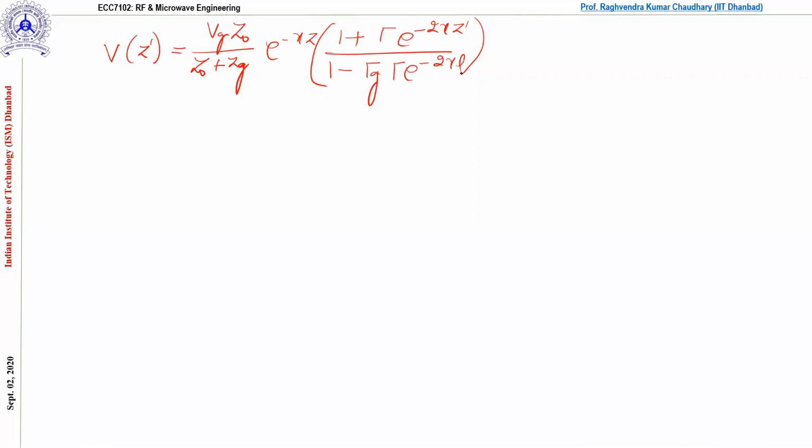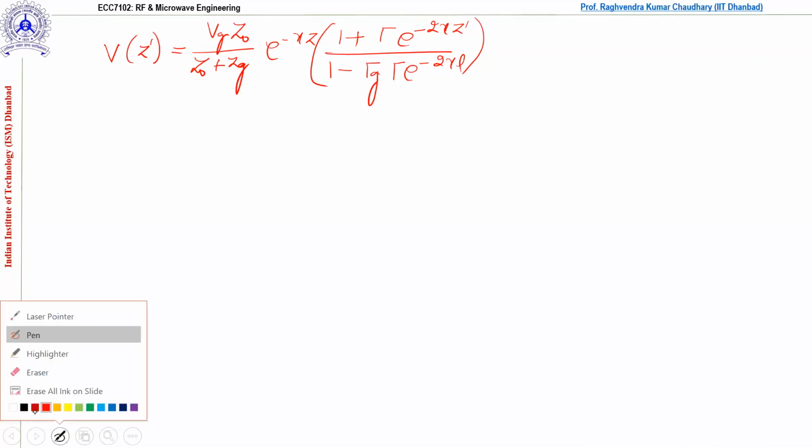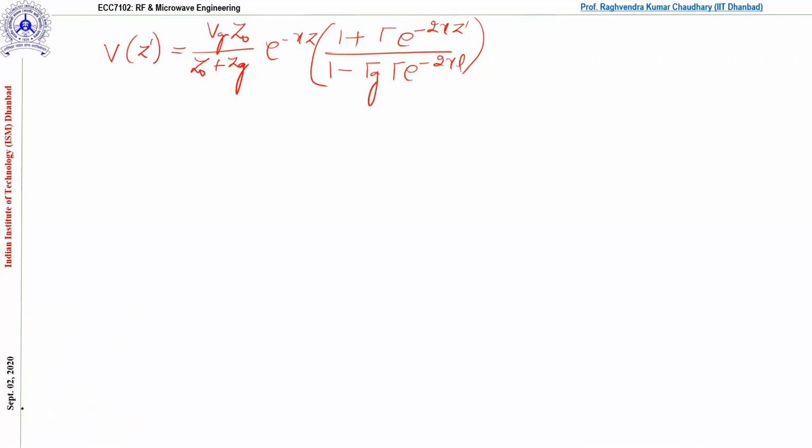Fine. Now what we can do, we can do small mathematics, and we can rewrite this term as Vz Z naught over Z naught plus Zz e to the power minus gamma z, 1 plus gamma e to the power minus 2 gamma z dash.